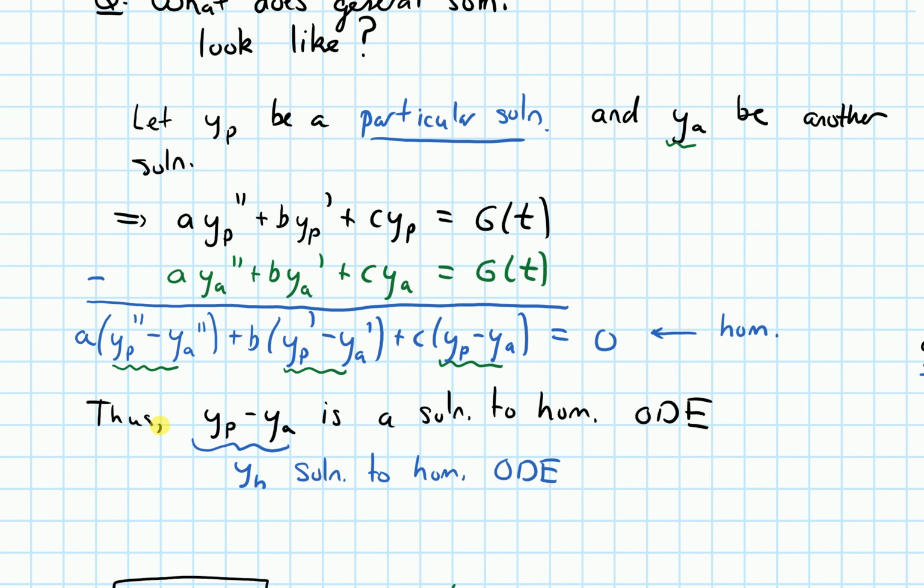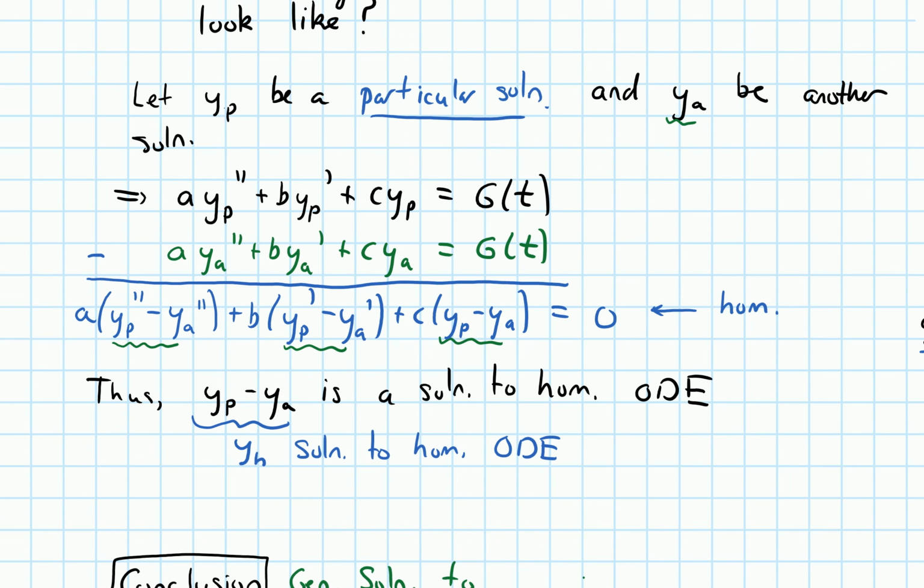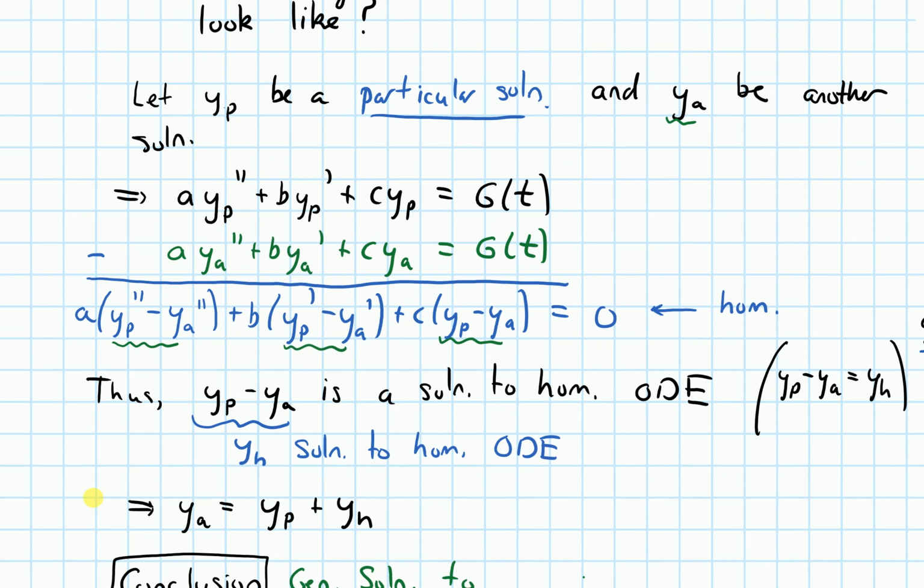All right, so next, what I want to do is I want to isolate y sub a. Because at this point, we know that y sub p minus y sub a equals y sub h. If we isolate y sub a, this other solution, it's going to be equal to y sub p plus y sub h. All right, so what's the takeaway from this?